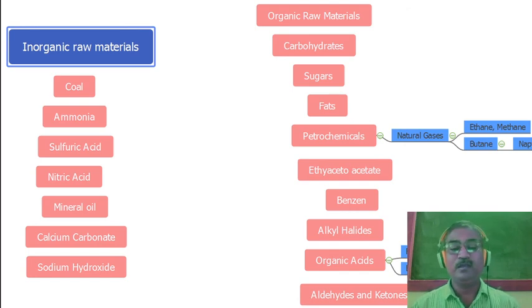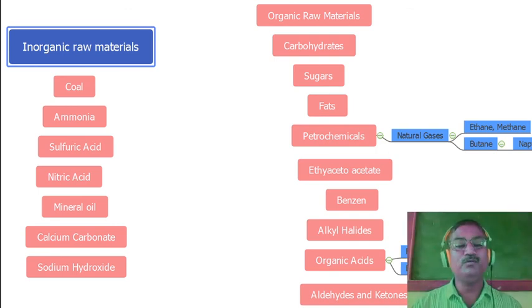And the major class which is used as organic raw material are the different types of aldehydes and ketones. No doubt, we have already studied the reactions related with aldehydes and ketones. But these aldehydes and ketones are also used as basic organic raw materials for the manufacture of different types of organic compounds, different types of inorganic compounds, as reagents, and various others.